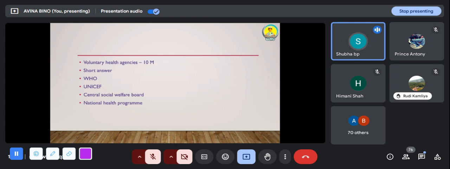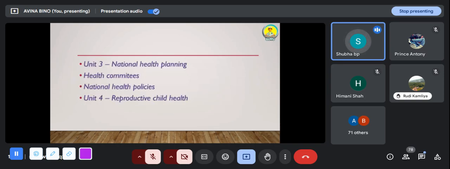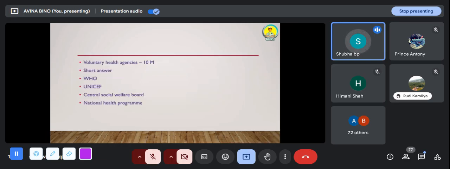They may ask what is the meaning of Central Social Welfare Board. The next one is National Health Programs. They may ask when it started, which government introduced it, on which day, what is the function or what is the role. Or they will ask the definition of National Health Program. So these are the questions they may ask for short answers.